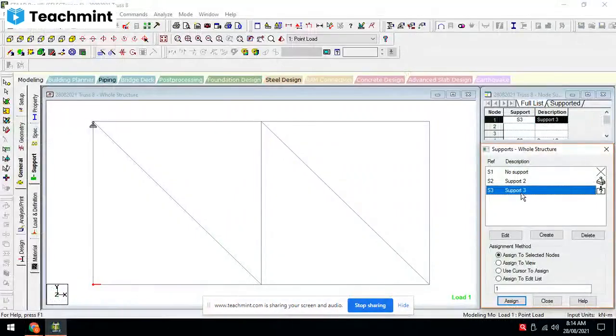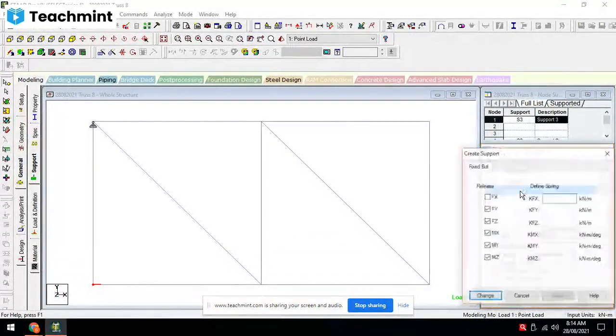Okay, so I have changed the support as you can see.